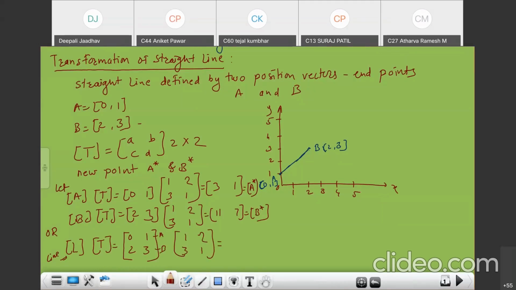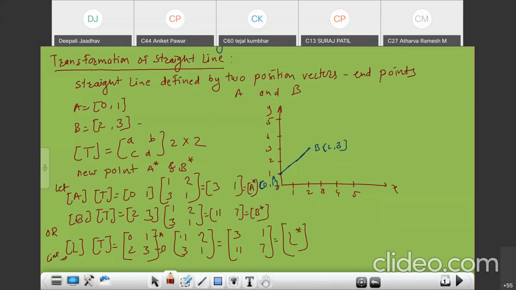In this way we can do it also. First row multiplied with the first column, we will get the same result: 3, 1, 11, 7. That is L star.